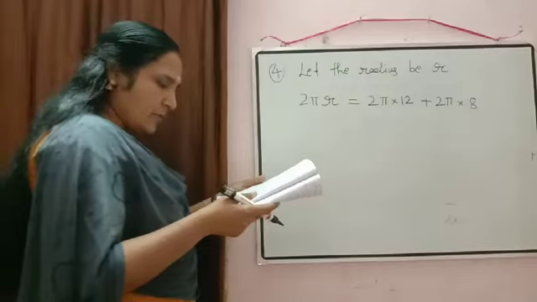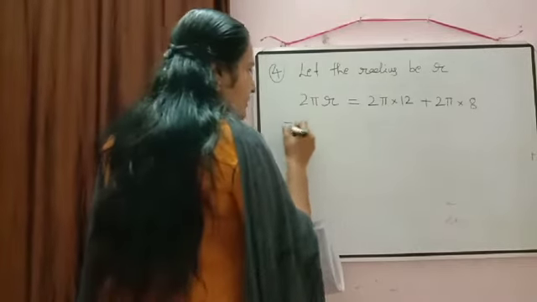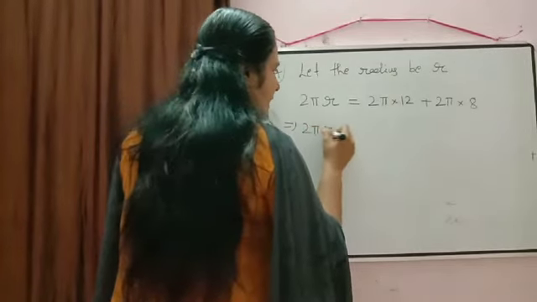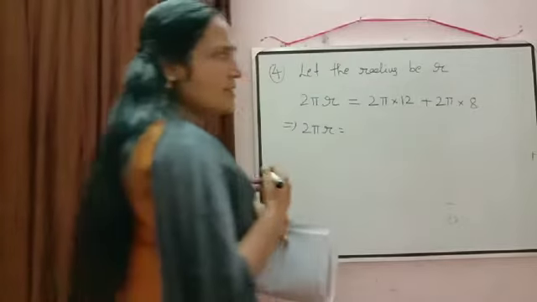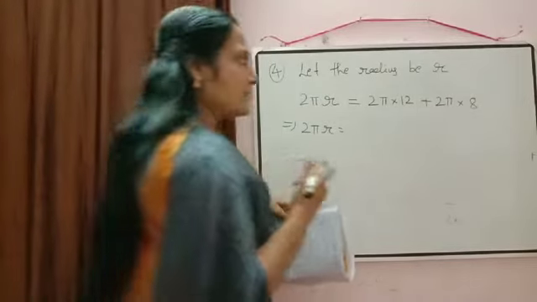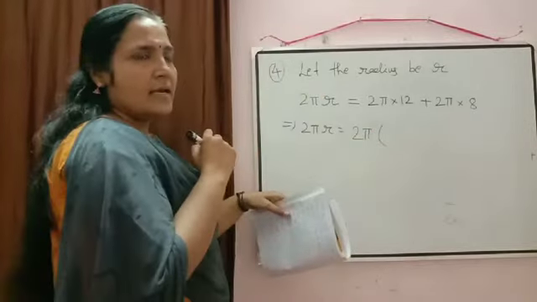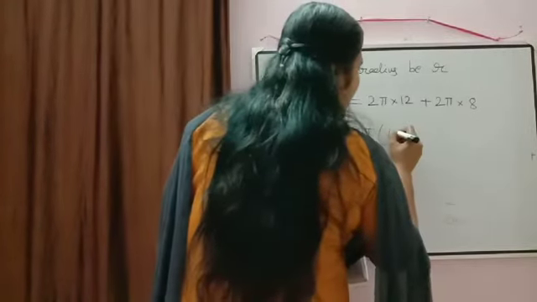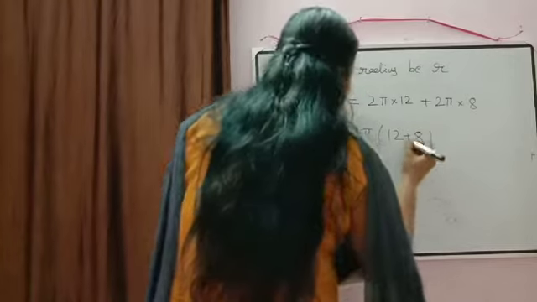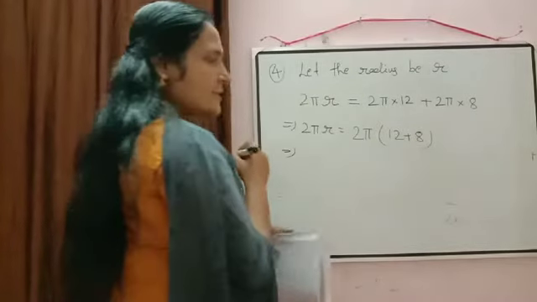Now we have to calculate the radius. So 2 pi r written as it is. Is any common factor there in these two terms? Yes, 2 pi is common, so we take it outside. Inside the bracket what is remaining? 12 plus 8. Now will anything get cancelled?